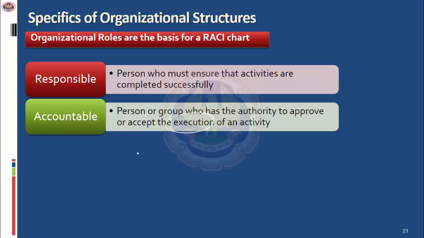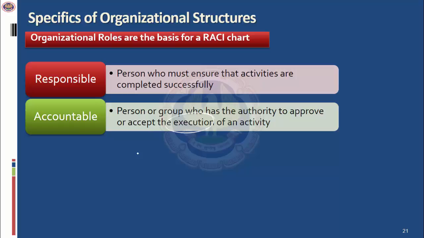Which of them is higher? Let's look at the distinction between responsibility and accountability. Let's say there is an engine train. The responsibility for driving the train is of the engine driver. If there is an accident, the engine driver is responsible, but the railway minister is accountable.